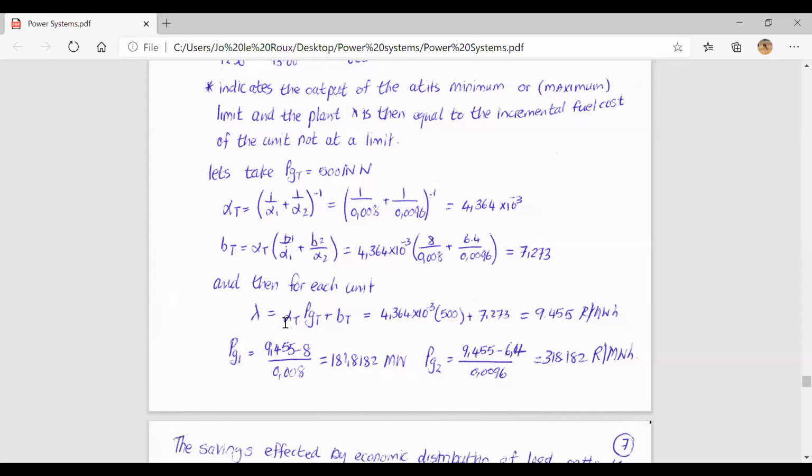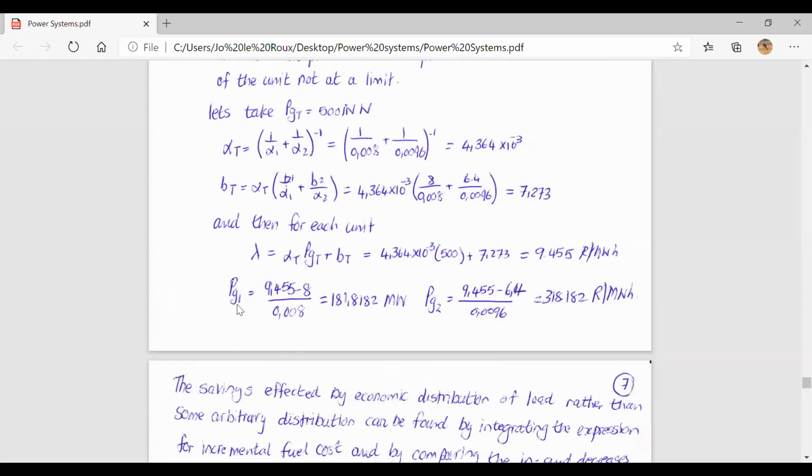Then for each unit, lambda is alpha T times PGT plus BT. So that means it's 4.364 times 500, because we want to know what it is at 500 megawatt, plus that 7.27, that gives us 9.455 Rand per megawatt. So now we're going to look at how much PG1 and PG2 are going to supply.